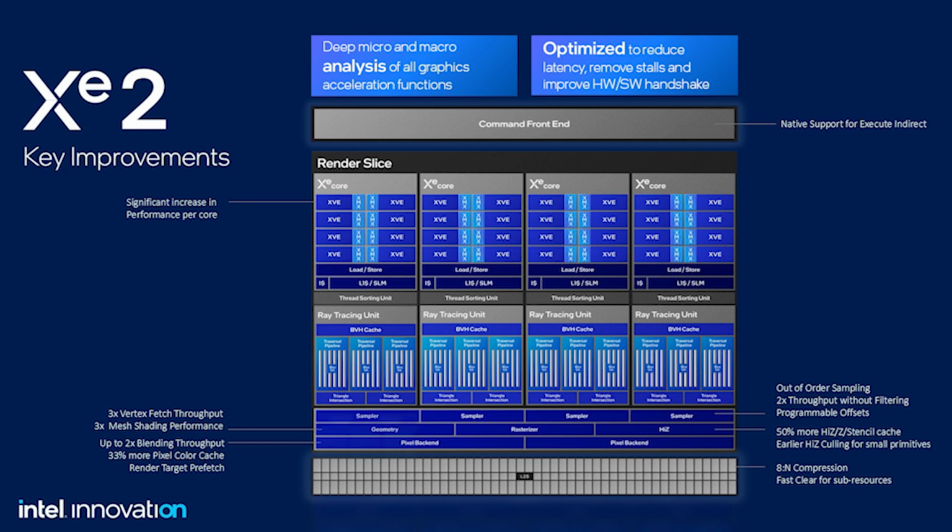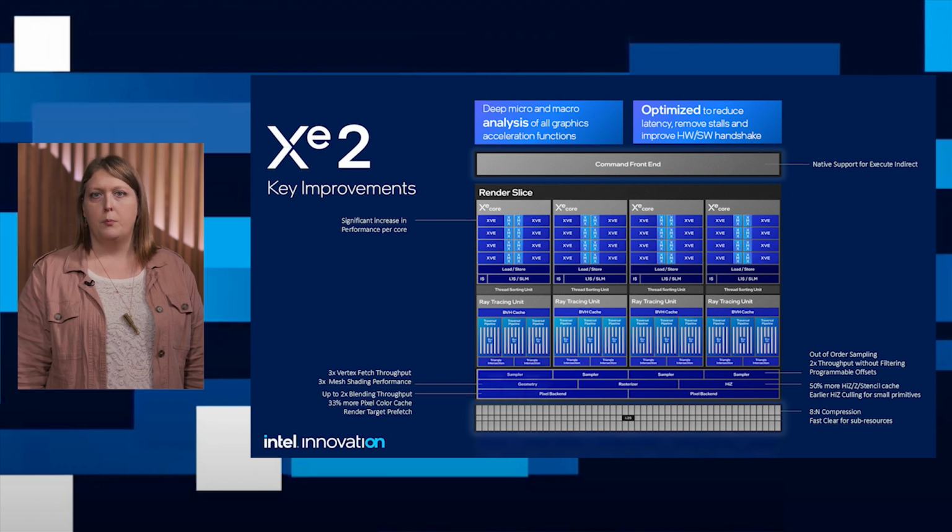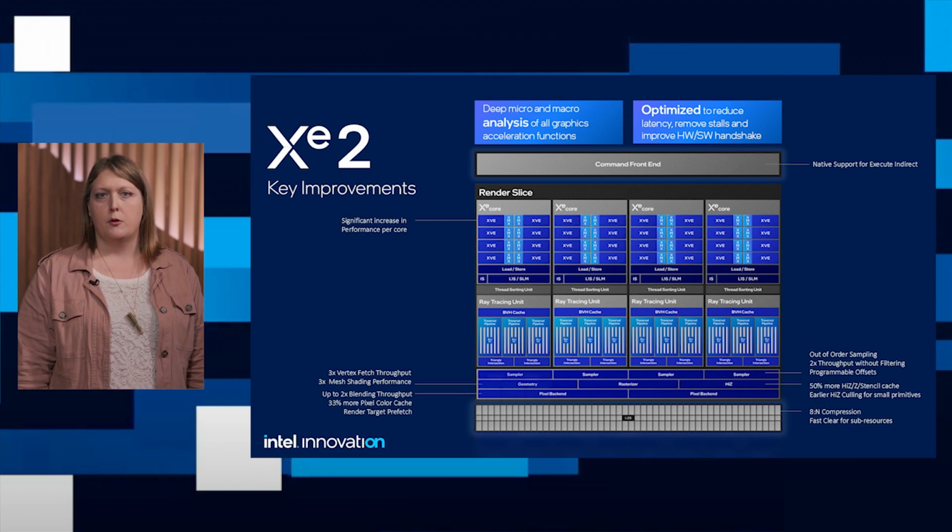In the fixed function geometry engine, we've changed the way vertices are distributed to maximize cache hit rate, improving peak vertex throughput by 3x. And we've increased throughput by 3x for autostrip triangle lists, which are common for geometry used with mesh shading. For the fixed function pixel backend, some passes in 3D workloads like order-independent transparency or bokeh can take advantage of the increased granularity of PBE ops with 2x throughput.